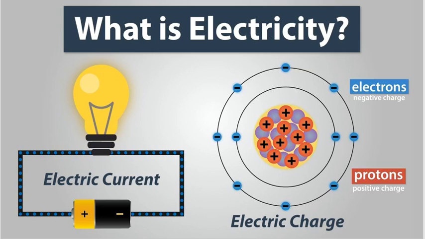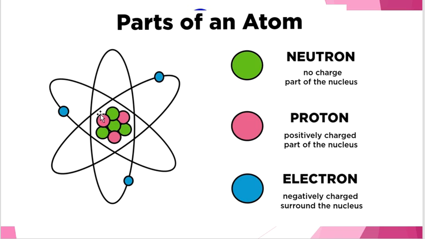Now let us look at an atom through a microscope, children. I don't have a microscope right now, but we cannot observe an atom through our naked eyes, children, so we need a device for it. We get a very small particle, and that we call an atom.